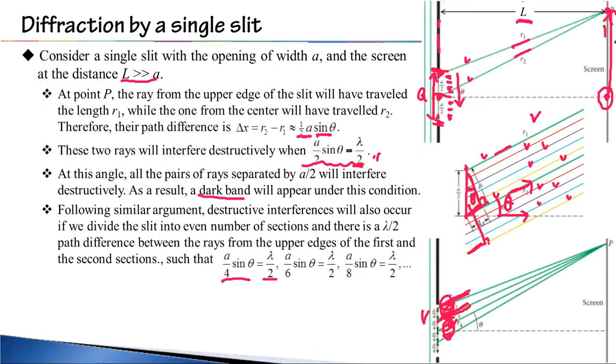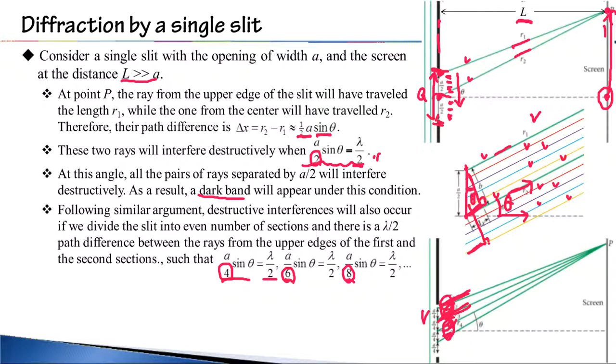And then you can keep dividing this slit into an even number of sections, like 6 sections, 8 sections, and apply the same condition, and then find, okay, these are the conditions for all the destructive interference. Okay, so we have these even numbers 2, 4, 6, 8.